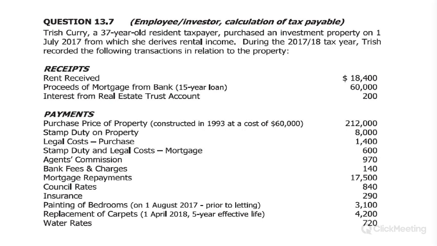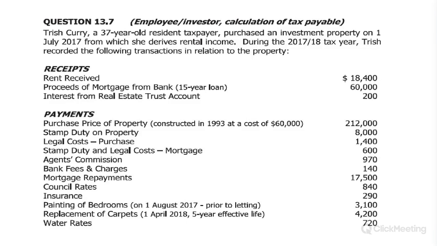This is what you would have received from the bank when you purchase the property to make a payment to the seller. So this must be capital, which is not assessable because this is not an income. So please do not account for this as your rental income. Assessable income through rent is fairly straightforward. You have one amount.